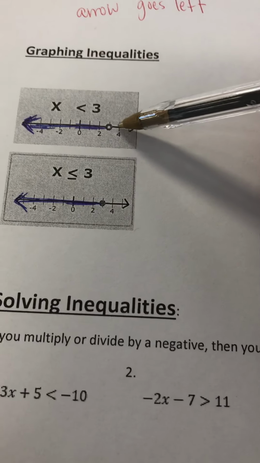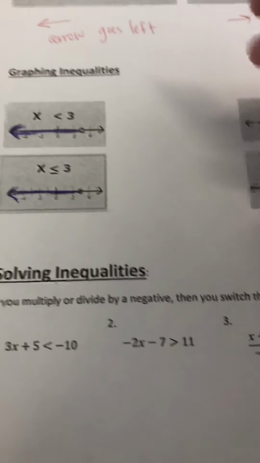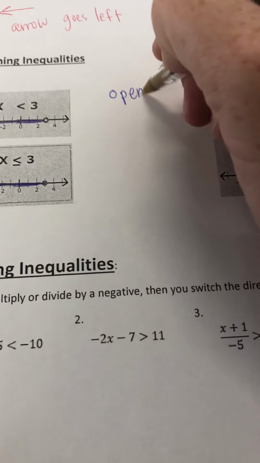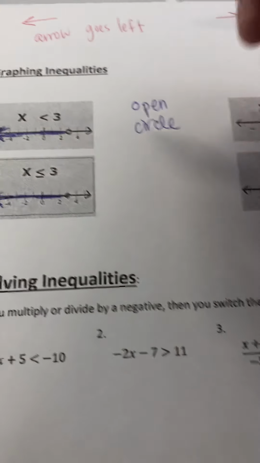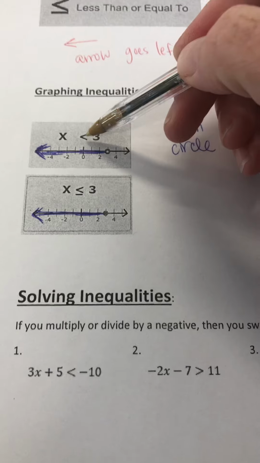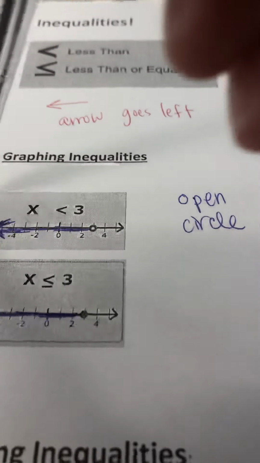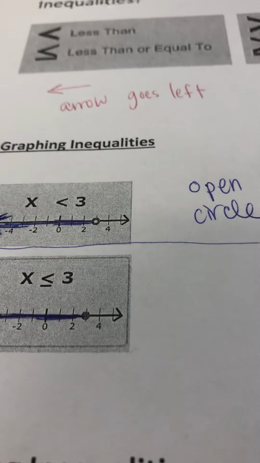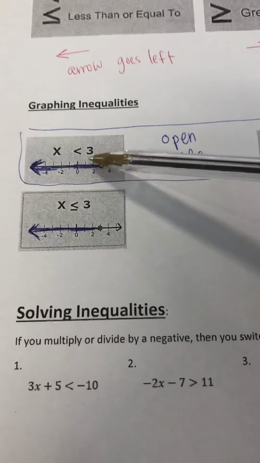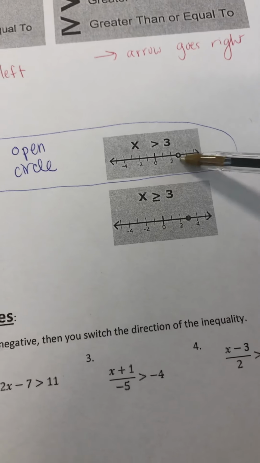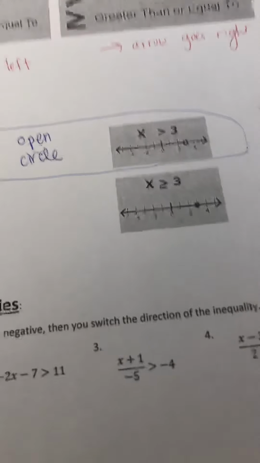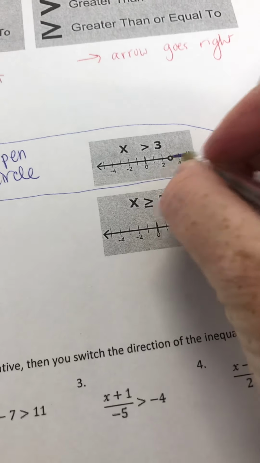One is an open circle, one is a closed circle. It's an open circle whenever there is not an equal to. See, it's not equal to. And this one's not equal to, that's why it's also open. This time it's greater than, so we're going to go to the right.